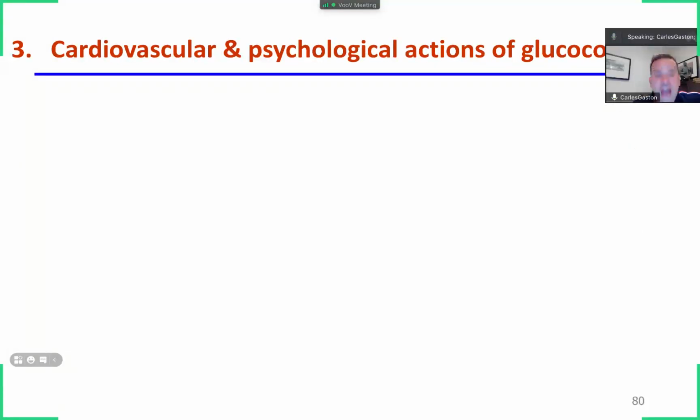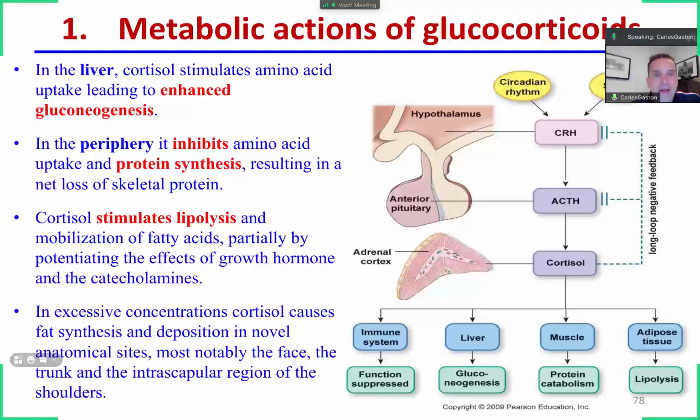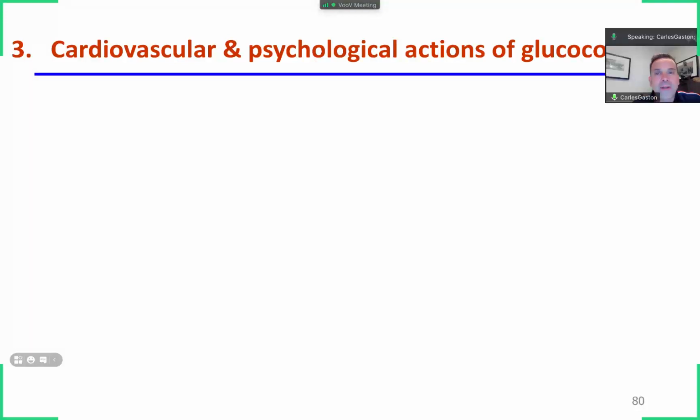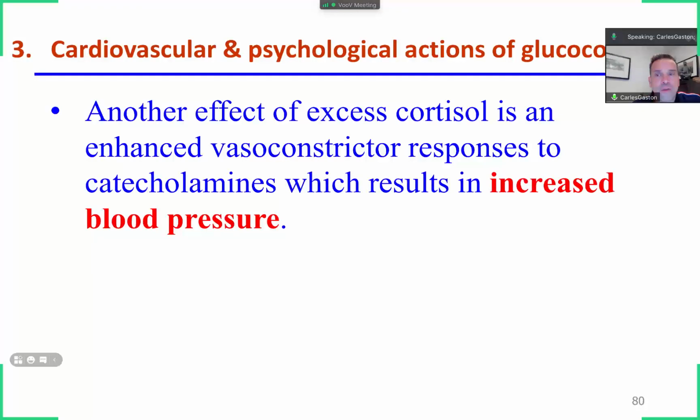So we have tackled, if we go back, the immune response and suppression of the glucocorticoids. Okay. So what happens on the cardiovascular and psychological actions of glucocorticoid?